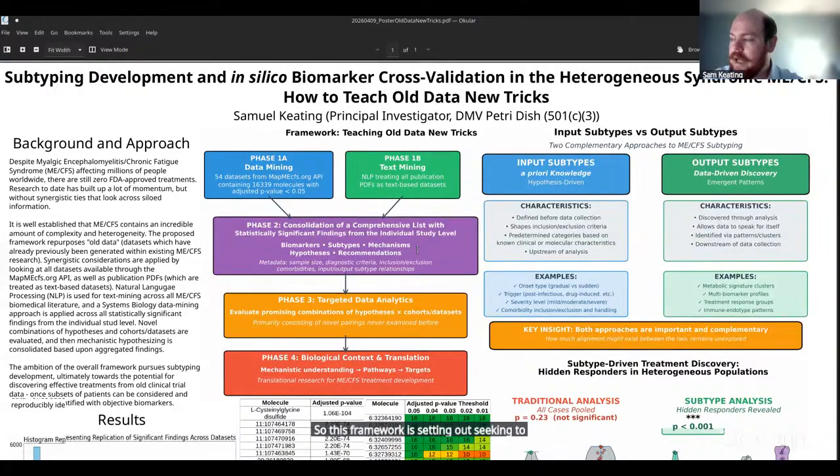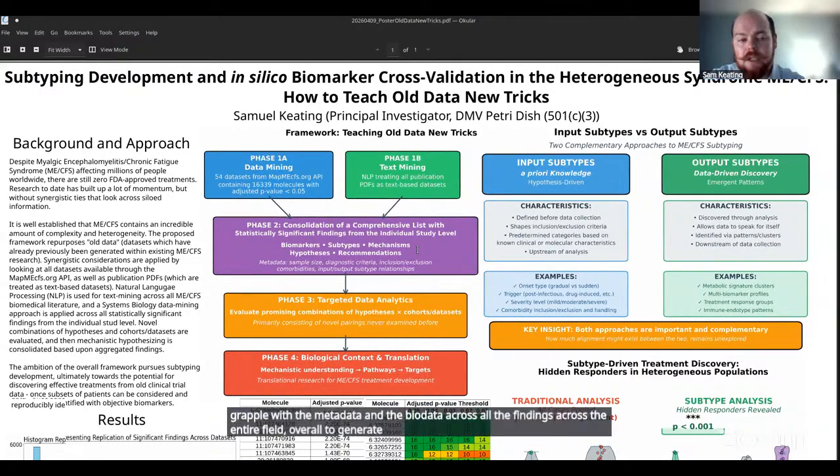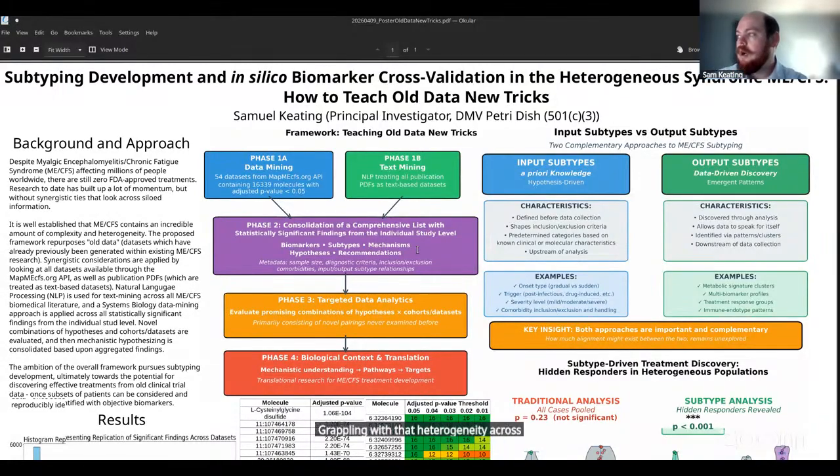So this framework is seeking to grapple with the metadata and the biodata across all of the findings across the entire field, overall to generate steering committee level recommendations for the entire MECFS research field. Grappling with that heterogeneity across many different data dimensions and the metadata and many different software frameworks. And specifically the metadata, I alluded to the caveats, the context and qualifiers.